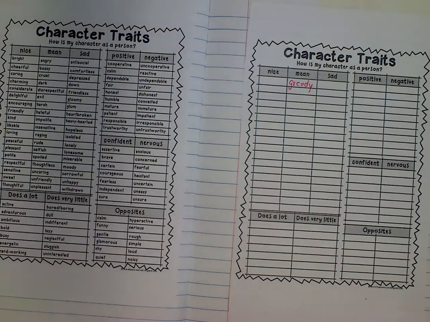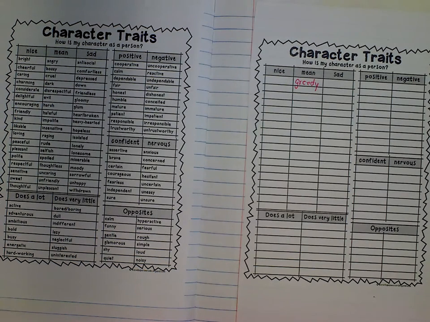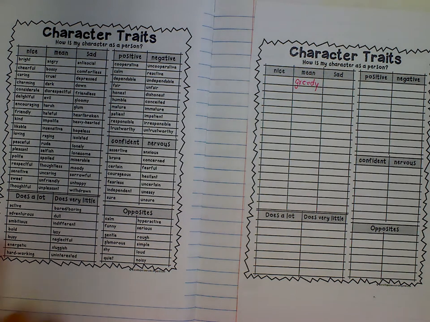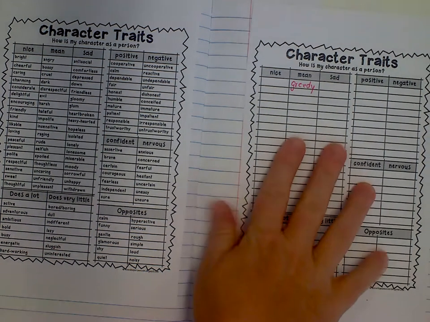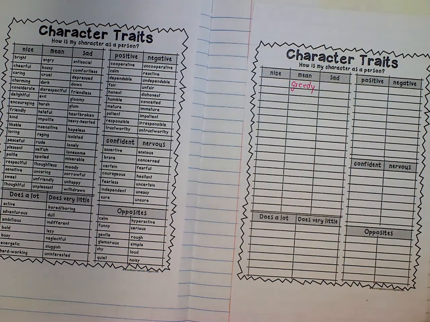Negative traits would be traits that we don't tend to want to do in our daily lives. We have does a little, does very little. And so I like how they categorize some of these traits. It makes it a little bit easier to find what I'm looking for. And as you read, we might add traits to our list, or when you're doing your daily reading, you can add traits to the list too.